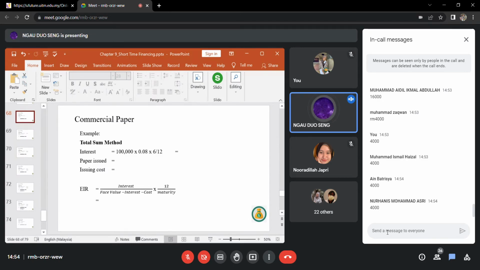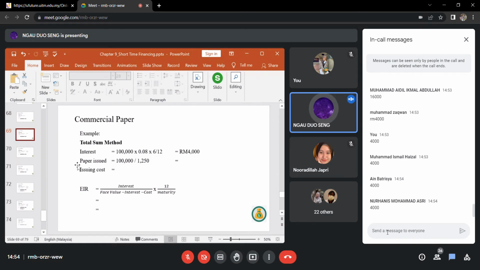How you calculate? Alright, so we check adalah 4,000. So be careful. This one is 4,000.